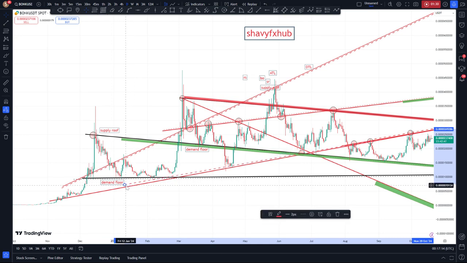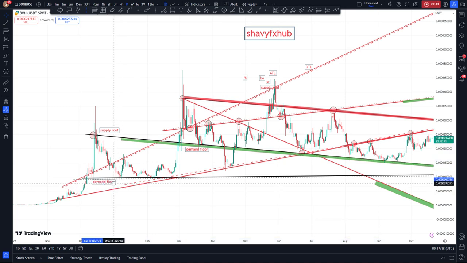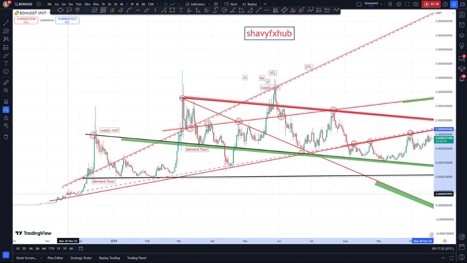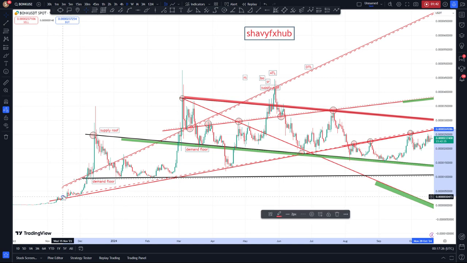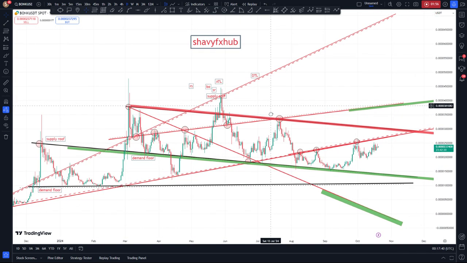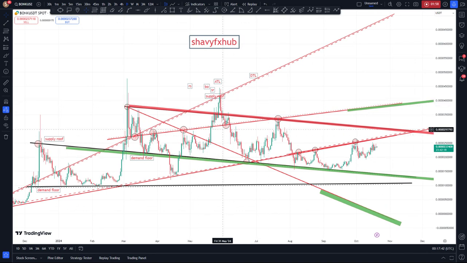So the ascending trend line is also acting as a demand floor, because every time price returns to the ascending trend line, it becomes a demand, a foundation for buy. So when price returns here, it quickly generates a buy idea.